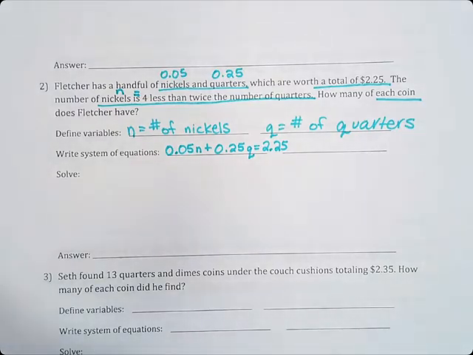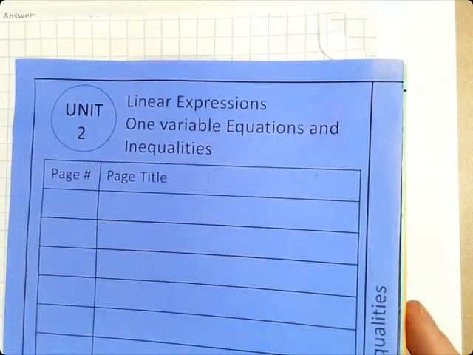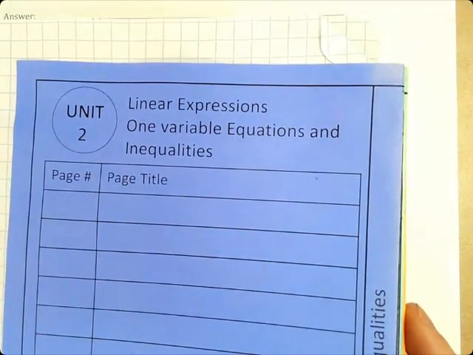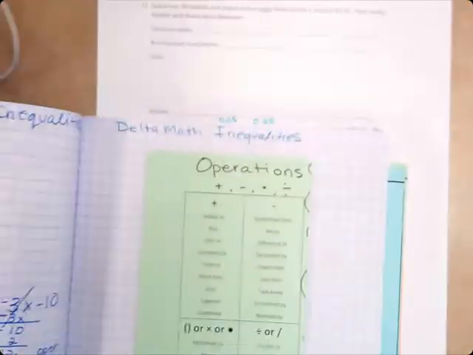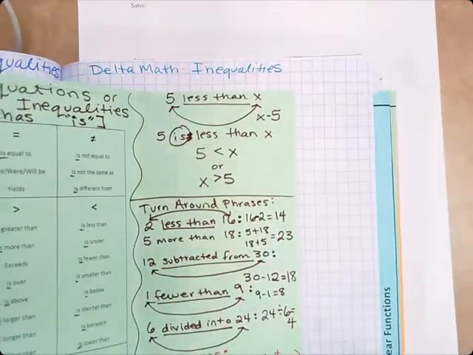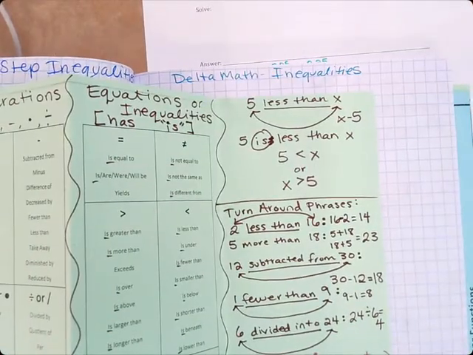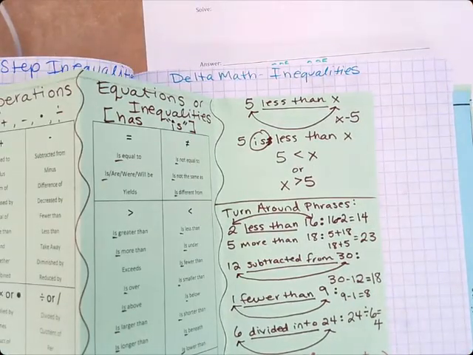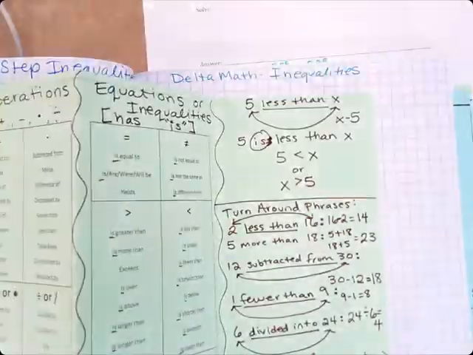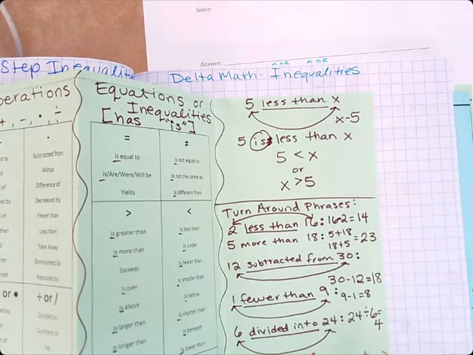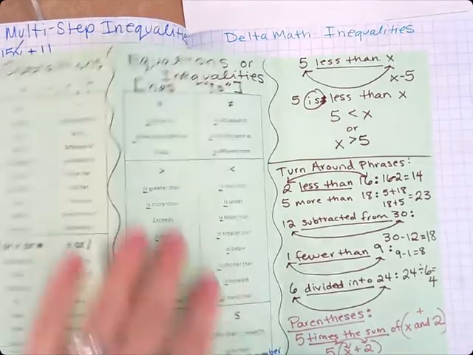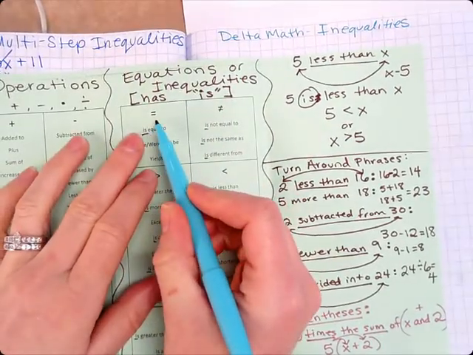Back to Unit 2. If you look at Unit 2, we had this foldable. Okay, so the word "is" or "is equal to" is an equal sign.